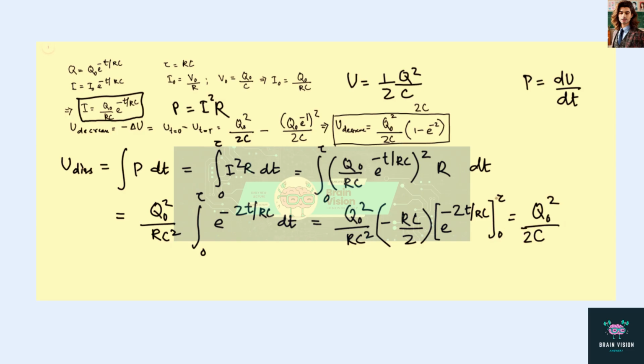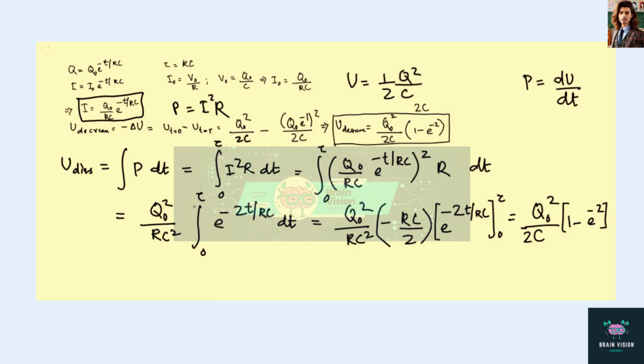And after putting the limits, we get 1 minus e to the power minus 2, after putting the limits and taking this negative sign into account.